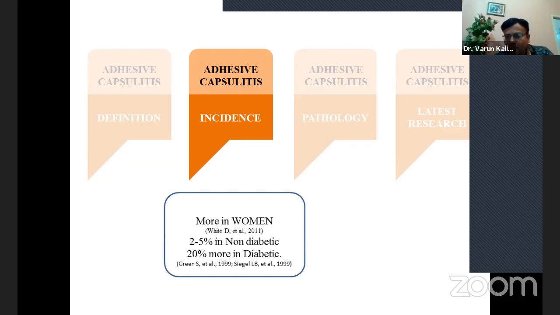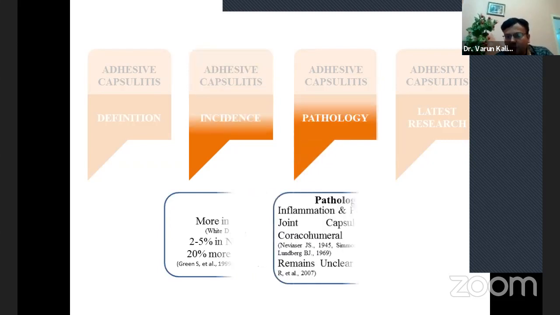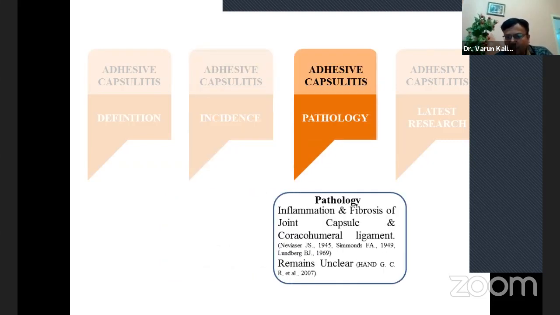So what is the pathology behind it? For past decades, we have been thinking that inflammation and fibrosis of the joint capsule and coracohumeral ligament is the main culprit behind the adhesive capsulitis pathology. But in 2007, Hand GC et al. said that its pathology still remains unclear.